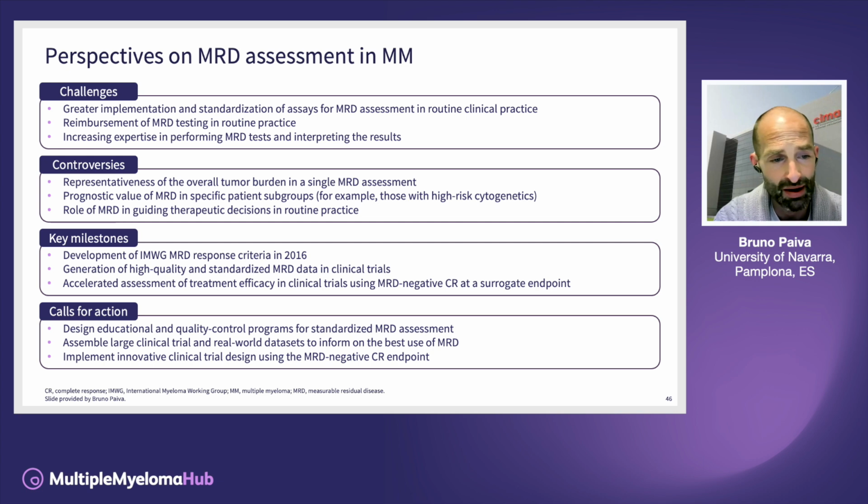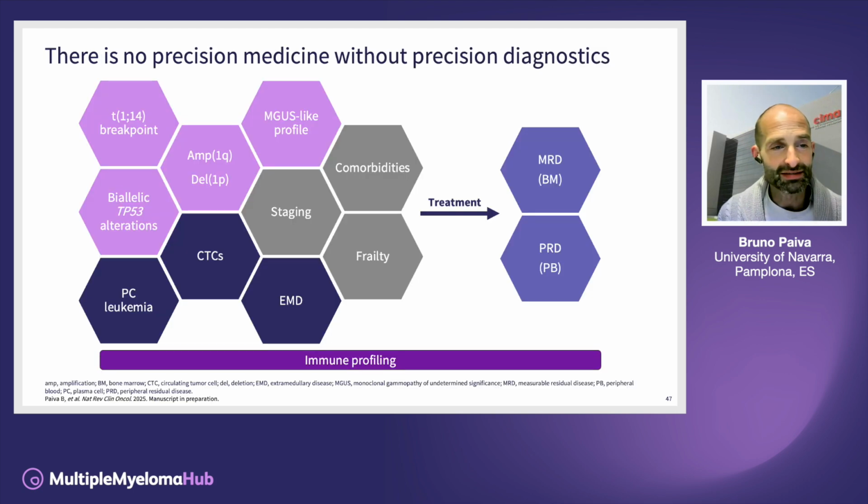With standardized MRD assessment, it's still the time to assemble large clinical trial and particularly real-world data sets to inform on the best use of MRD. And like I said in previous slides, now it's the time to implement innovative clinical trial designs using the MRD-negative CR endpoint, because there is no precision medicine without precision diagnostics.